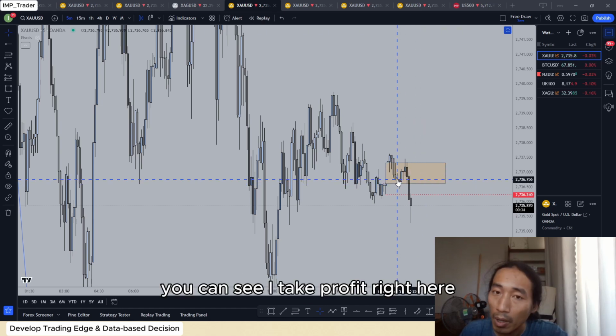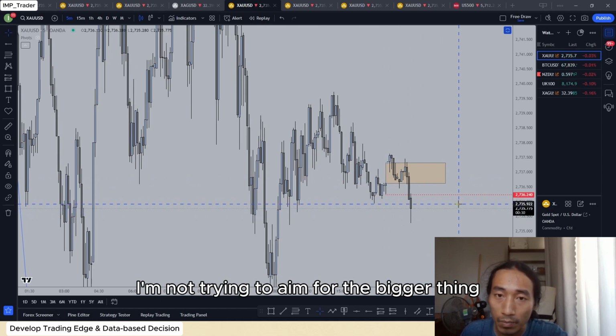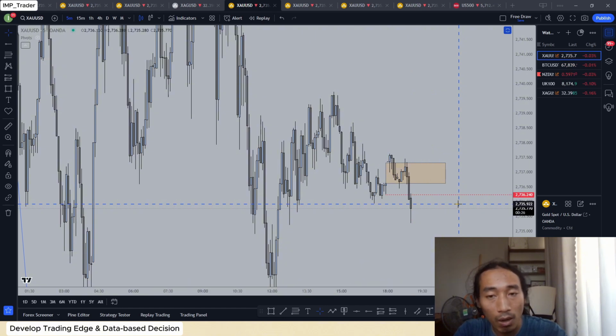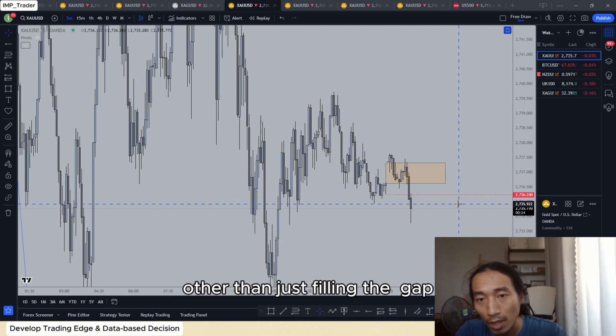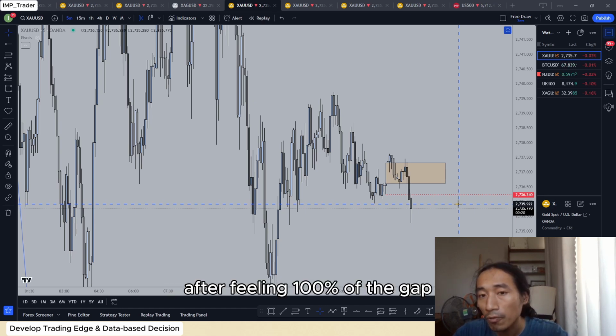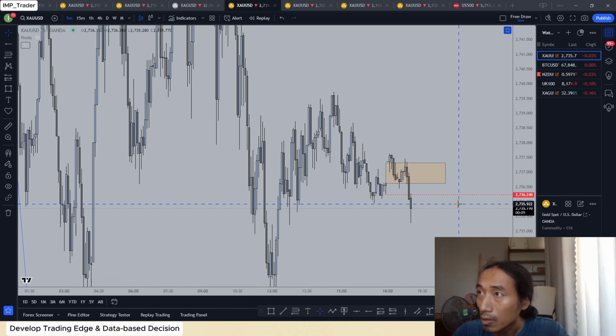You can see I take profit right here. I'm not trying to aim for the bigger thing. If you want to aim for a bigger piece other than just filling the gap, then you need to ask yourself this question: after filling 100% of the gap, what is the extension or deviation that price has a tendency to go for?